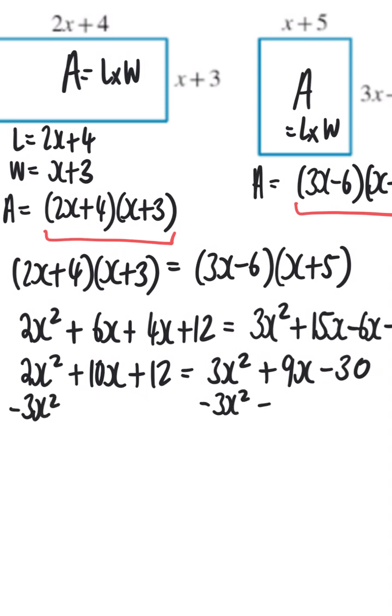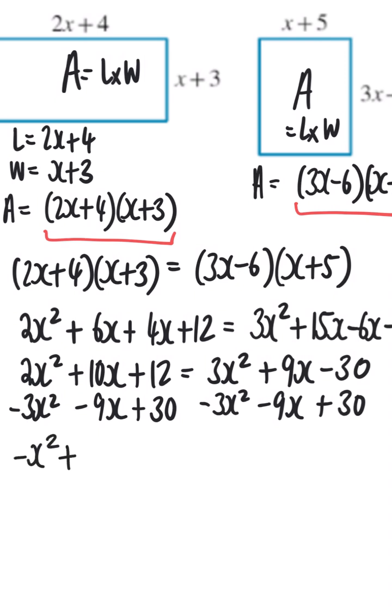I'm going to subtract 9x from both sides, and I'm going to add 30 to both sides. So what have we got when we do that? We've got negative x squared plus x plus 42 is equal to 0. Now I have a quadratic that I can solve.